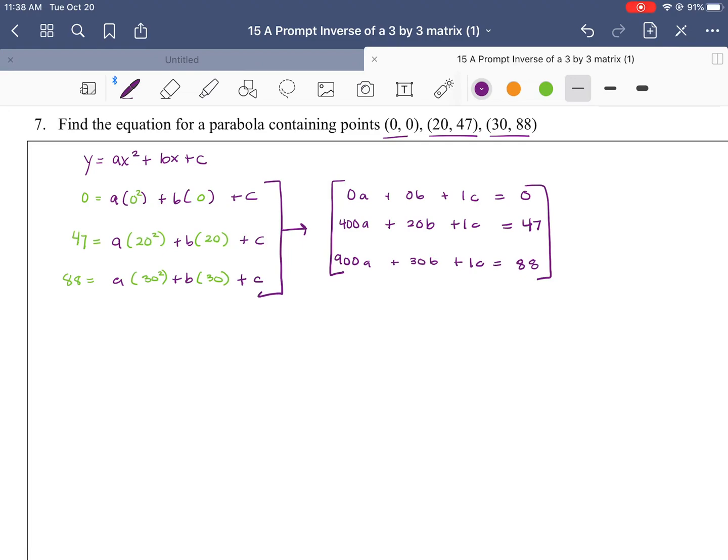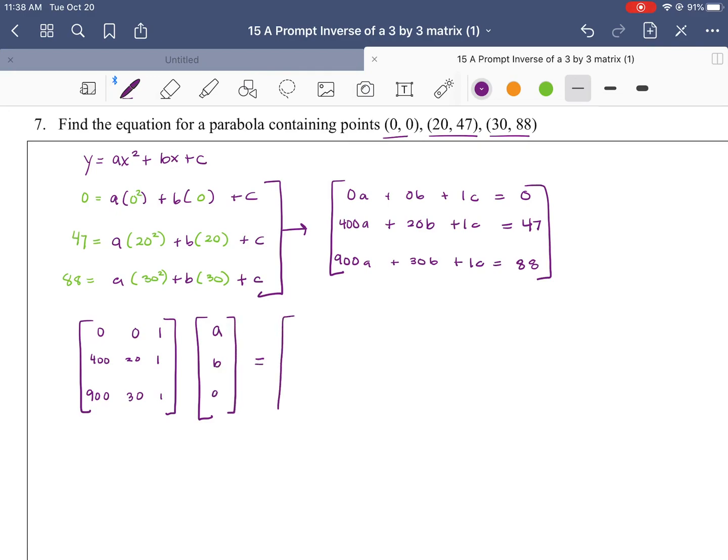Now we can rewrite this as a matrix equation with our coefficients, in a 3x3 matrix being multiplied by our column matrix of A, B, C. Those are our variables.